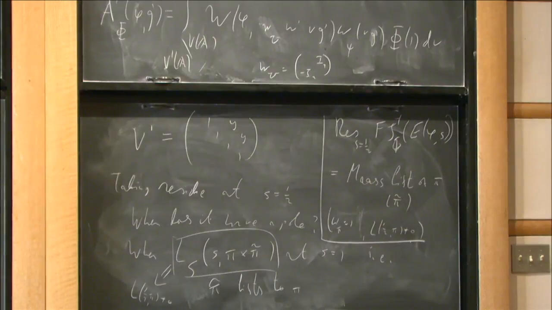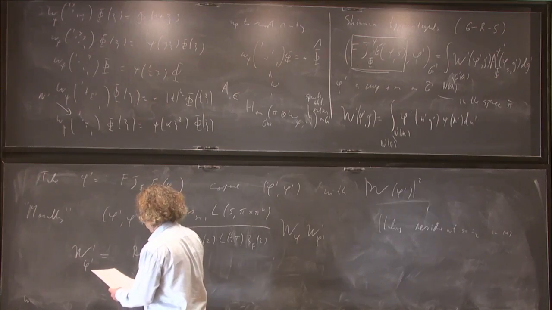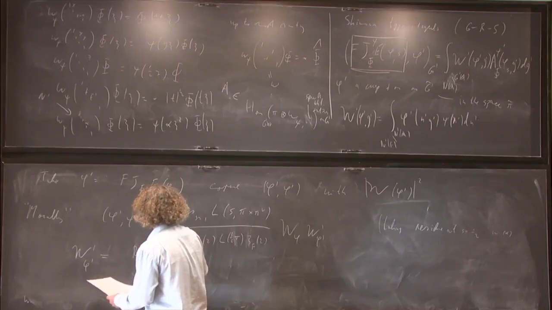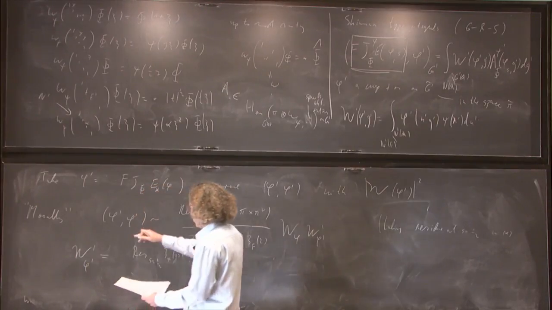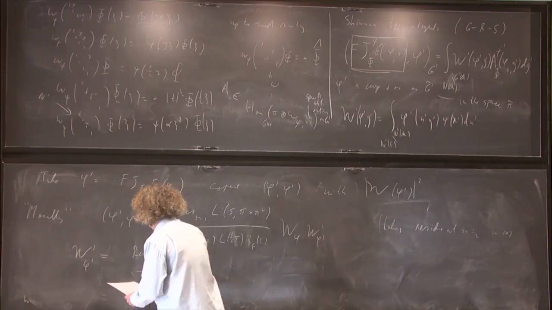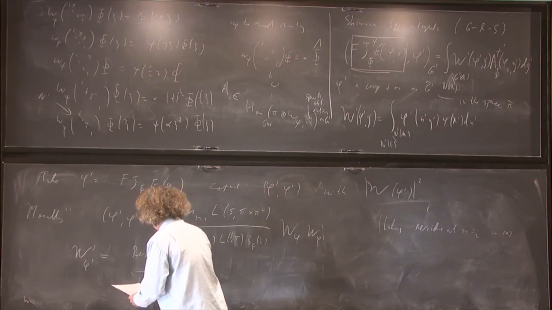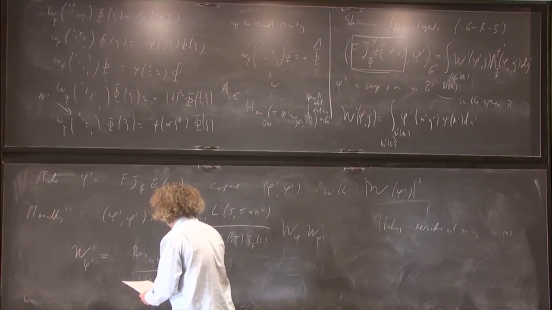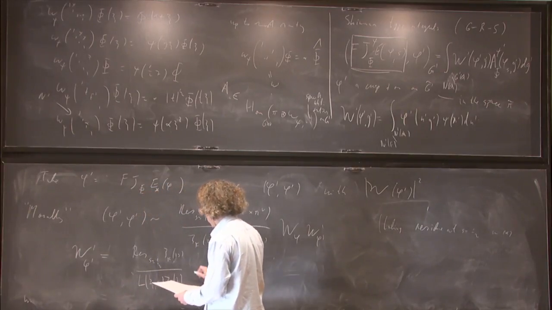Okay, the W phi prime is given by this formula, so this is the residue at s equals half of zeta F at 2s. Of course, I input the formula for the intertwining operator and then take the residue over L3 half pi zeta F2 WF.